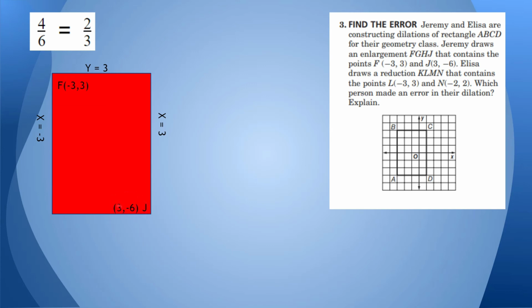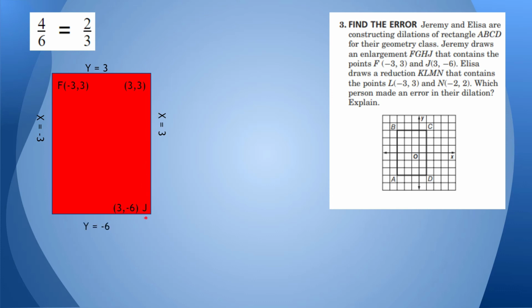J tells us that no matter what our y value is for a coordinate on this side of the rectangle, the x value will always be 3. Okay, so because the x value and the y value will always be 3, at this corner where they meet, it is going to be the point 3, 3.